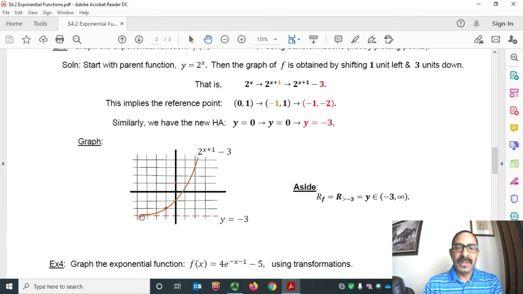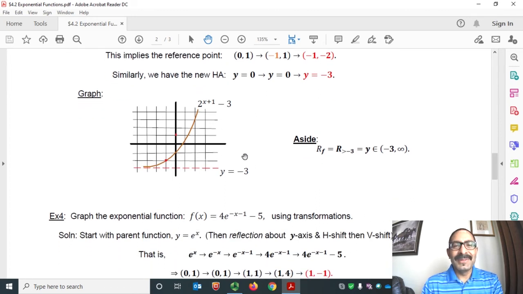So our exponential function's graph looks like this. I hope this makes sense to you all. Now the domain doesn't change, still the whole real line, but the range is from -3 to positive infinity. Great. I hope this makes sense to you all.